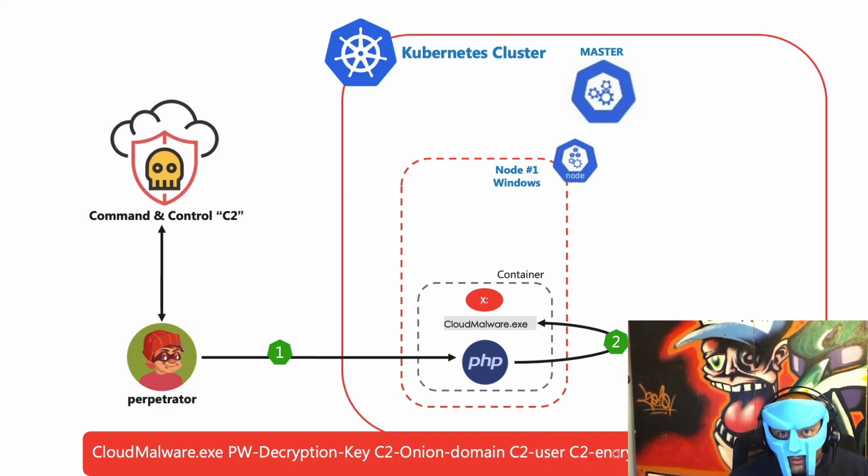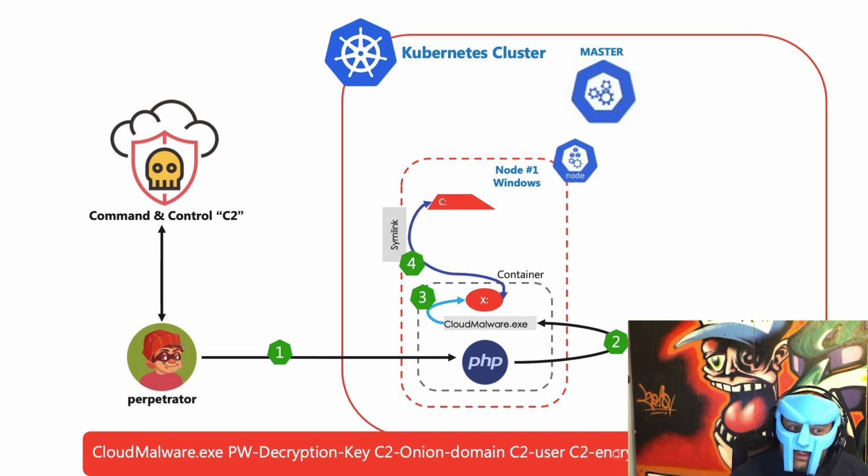So once that is started, then the next processes happen where Siloscape impersonates the CExecSvc.exe service to obtain SeTcbPrivilege on the system. So it needs to set the privileges, kind of give the user elevated privileges on the system, so that it can then create a symlink between the containerized X drive and the host's C drive.